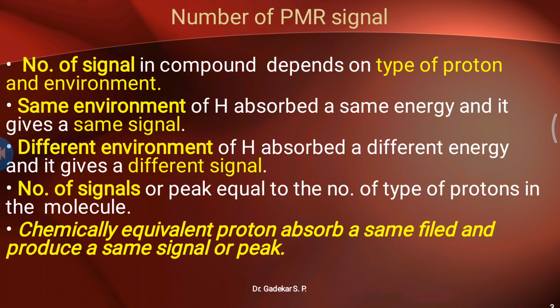On the other hand, chemically non-equivalent protons absorb different field and energy and produce a different signal. So this is the most important rule for the number of PMR signals.